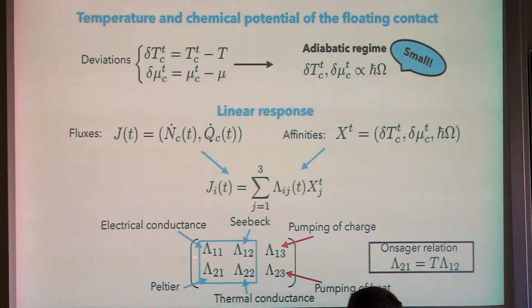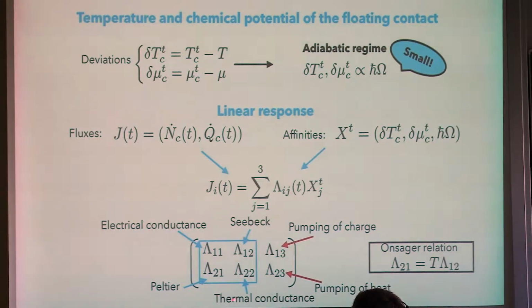So this describes the charge that is generated because of this delta mu, so it will be the electrical conductance. In the same way, this will be the thermal conductance. And lambda 1,2 and lambda 2,1 will be related via this Onsager-like relation, and they will describe the thermoelectric effect. This will be the Seebeck coefficient, and this will be the Peltier coefficient.